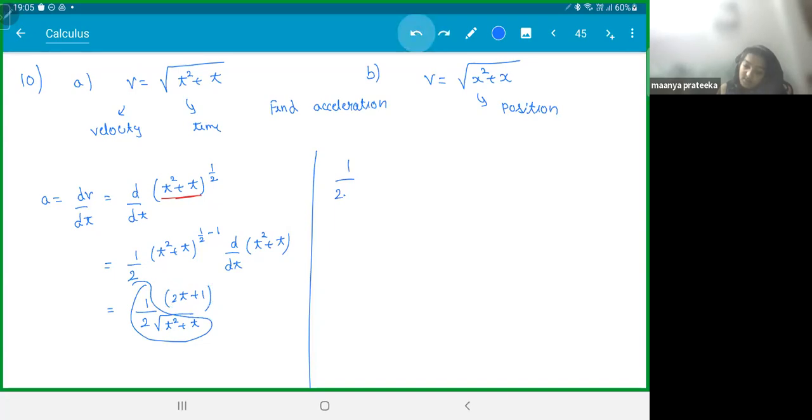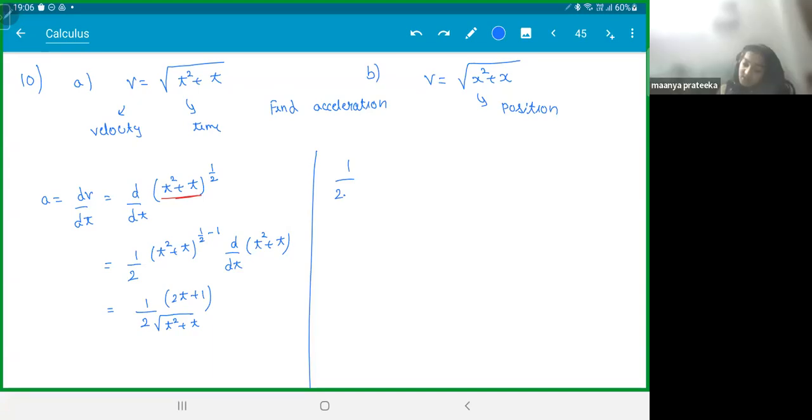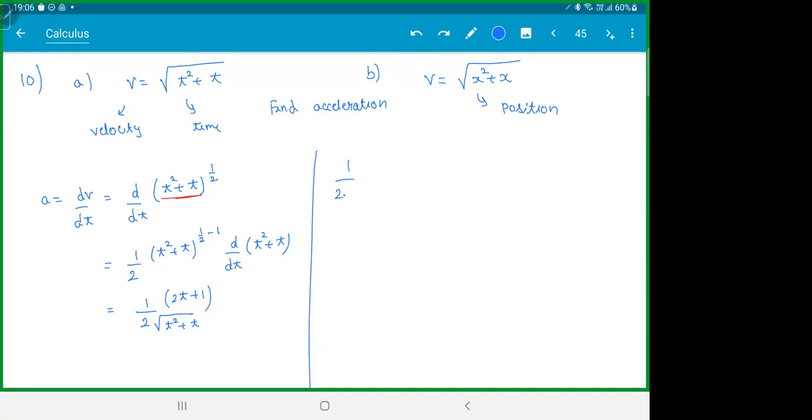I'm getting a different answer. If you differentiate this inside, this will be 2t plus 1 only. What you said is right only. Then you messed up, you have to differentiate the function inside. I did, sir, but then I guess I did the calculation part wrong. Yeah, check it out, Ritu. So what is the difference between the A and B part?